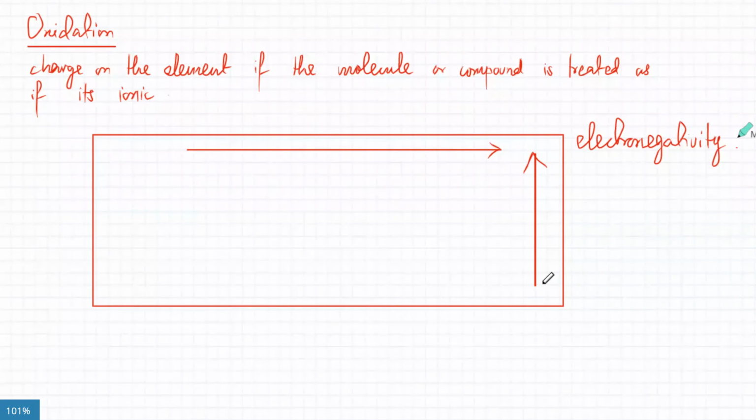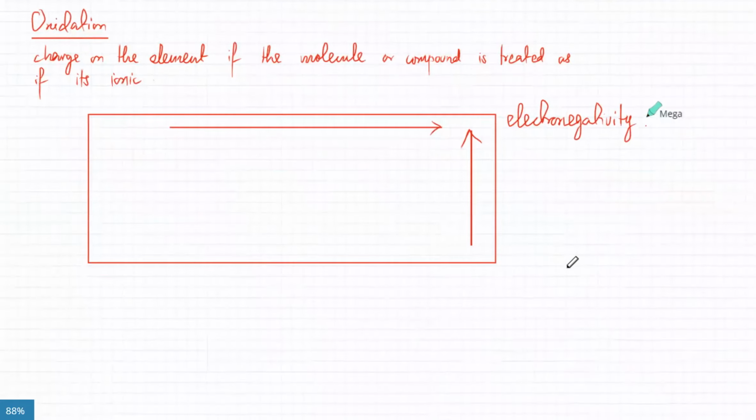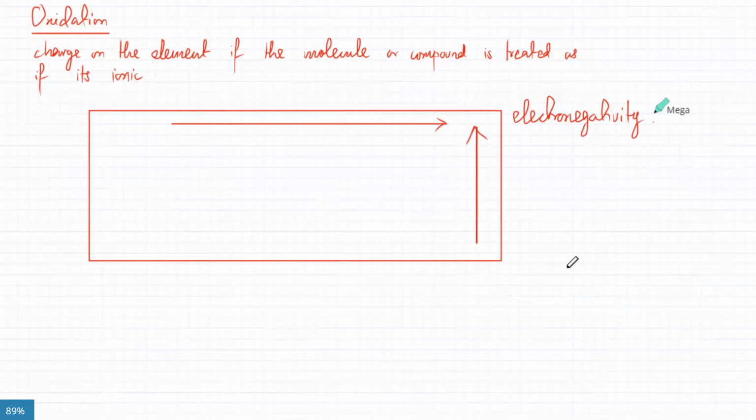Bigger atoms like iodine at the bottom already have 53 electrons. So its nucleus is already surrounded by many electrons, too shielded to attract more. So down the group, the electronegativity decreases. But anyways, hopefully if you're done with AS, electronegativity increases to the right. These are the more electronegative elements.